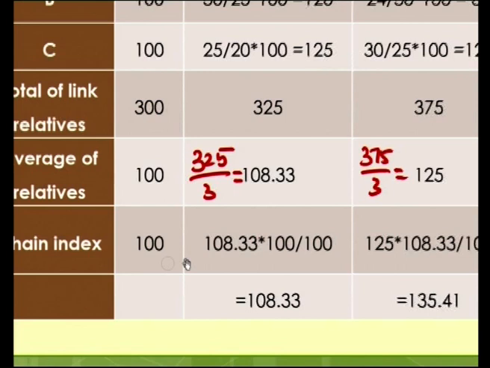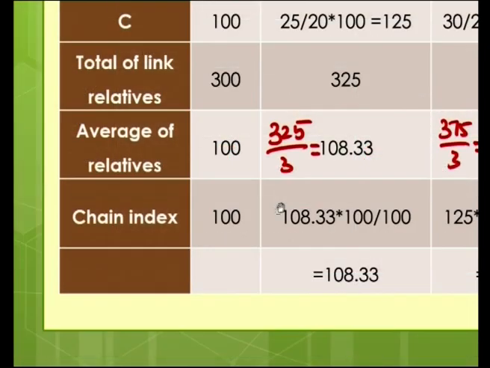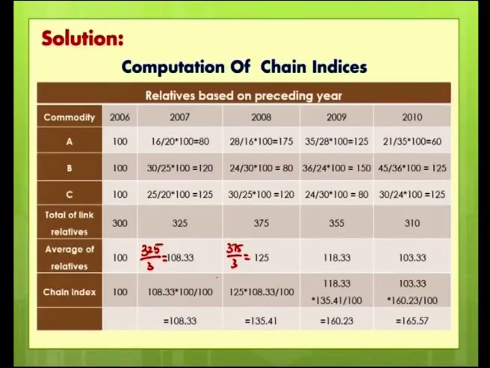Now the relatives are calculated so far, and the chain based index is calculated using the current year link relative. The current year link relative is 108.33, and the previous year chain based index is 100. 100 is always fixed. So 100 into 108.33 divided by 100 is equal to 108.33. The values are calculated like this.